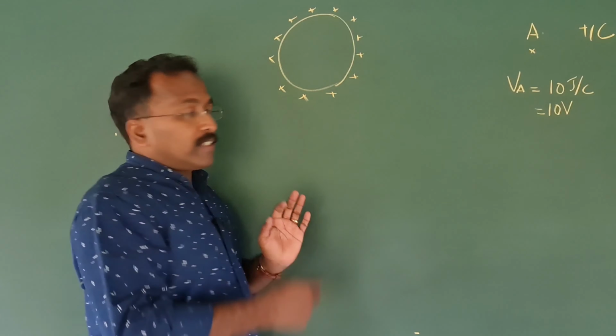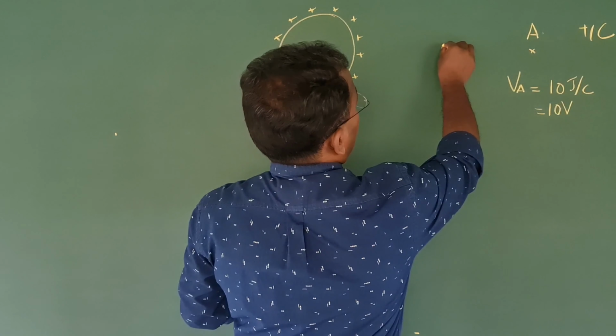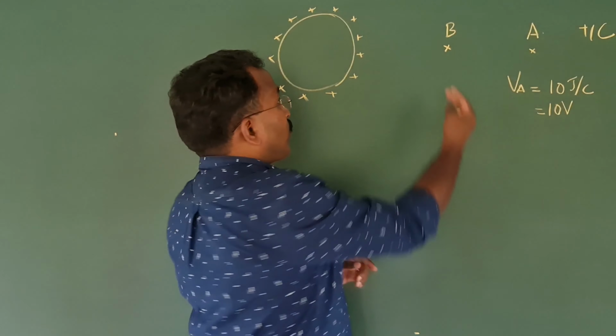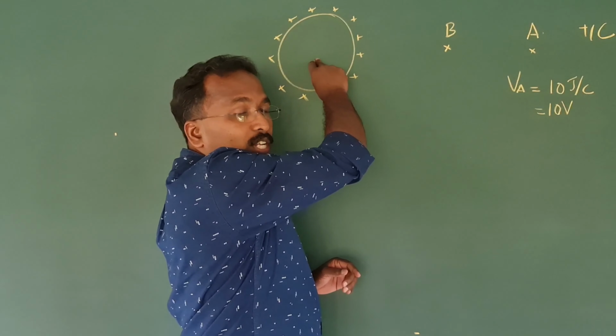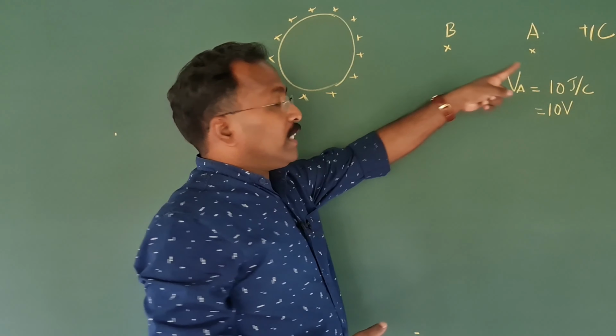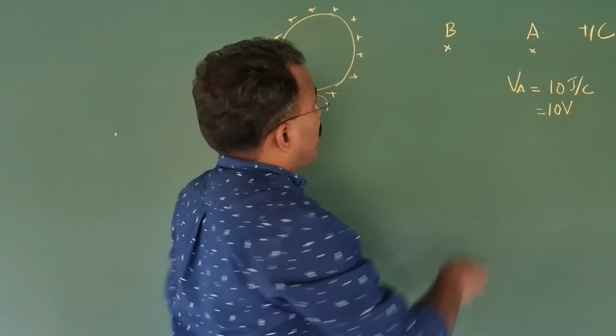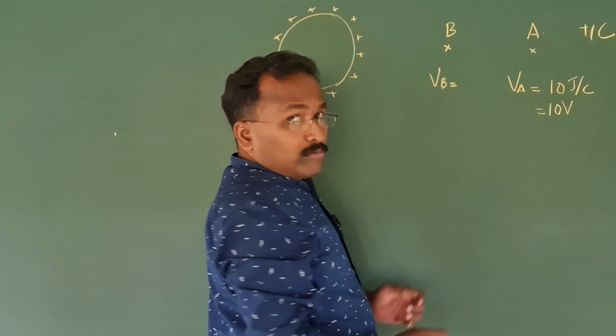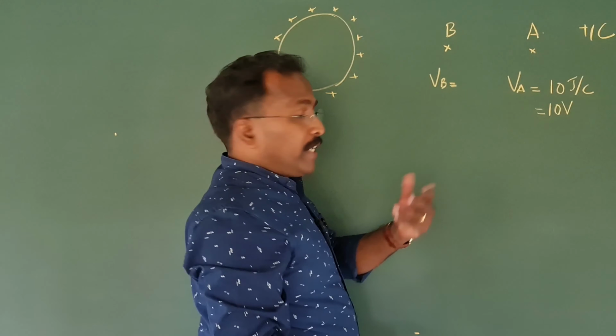Now I imagine further. I take another point, say B. Now the point B is closer to the charged shell. Naturally, you need to do more work for bringing that charge here. So the potential at B, VB, is equal to another imaginary value I am writing.